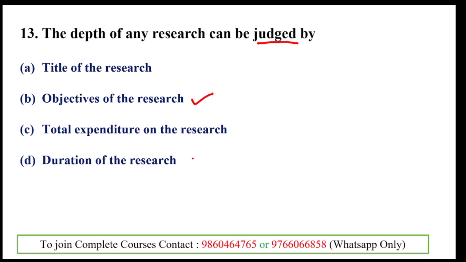The objective indicates the major findings of the research, or what we want to find. Objective in the sense of the aim or the need for that research. It will make the depth of the research, and that can also be used for judging the depth of the research. Clear?